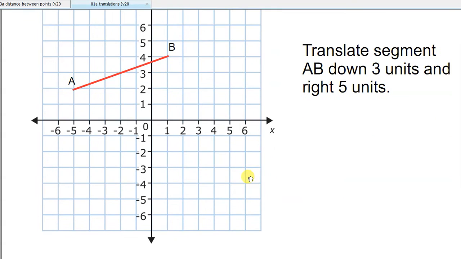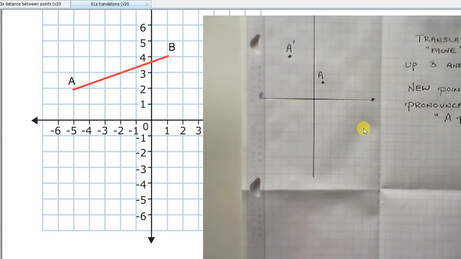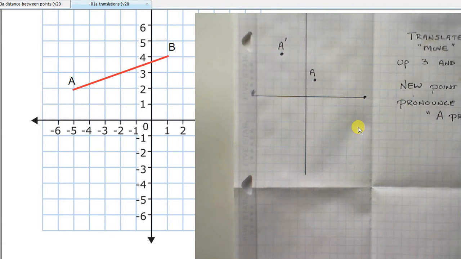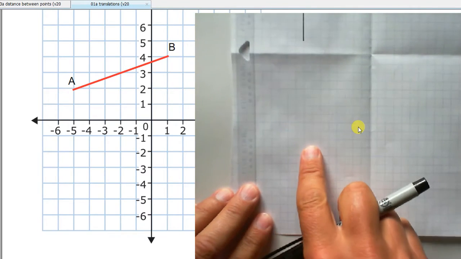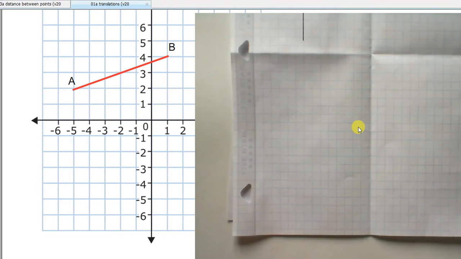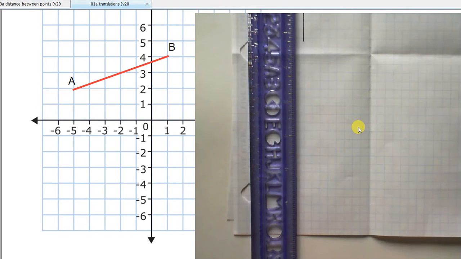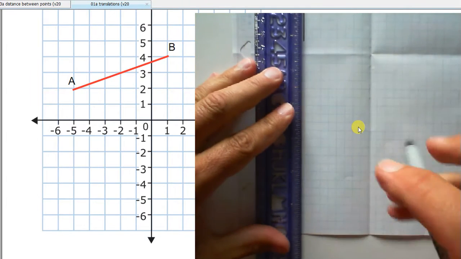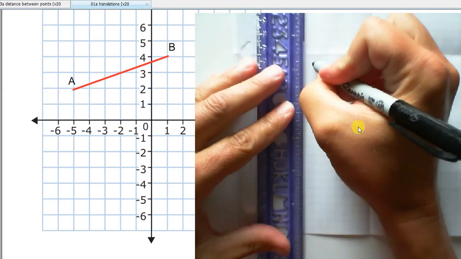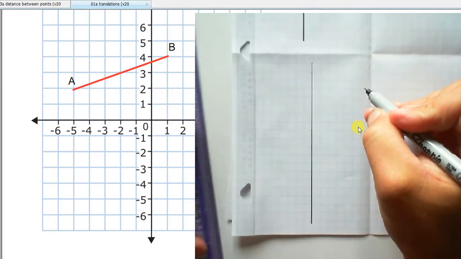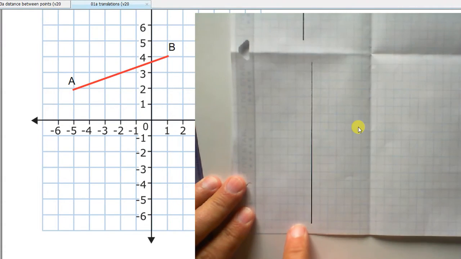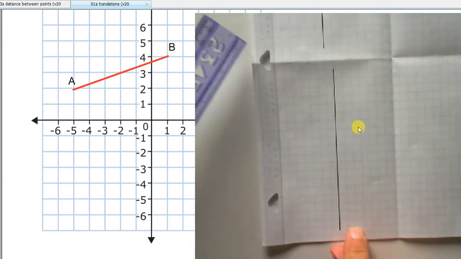We're now going to translate a little line segment. So right here, I need another coordinate system. When I draw my coordinate system, I'm very specifically trying to get it right on top of the graph paper so that the line completely lines up with the grid.